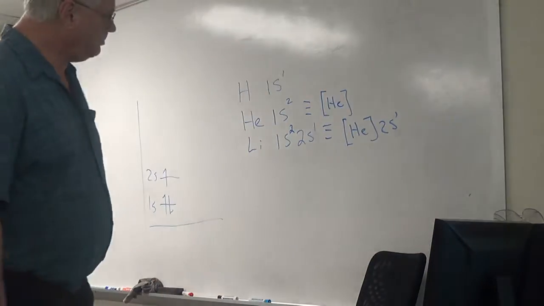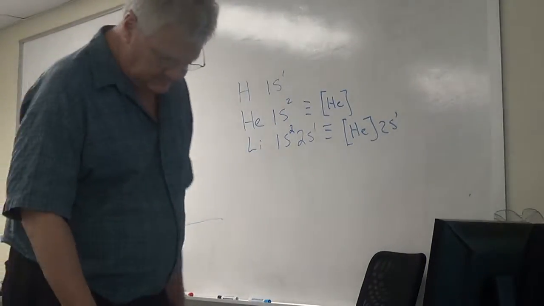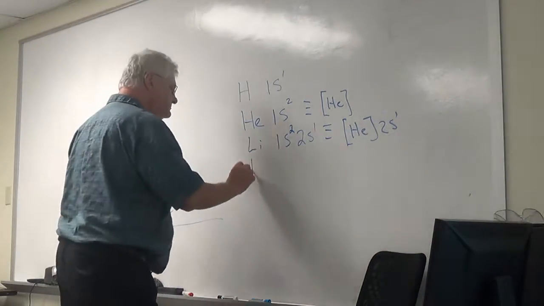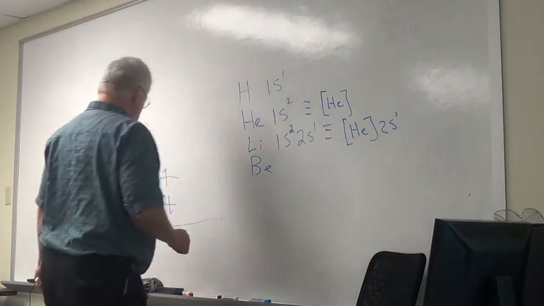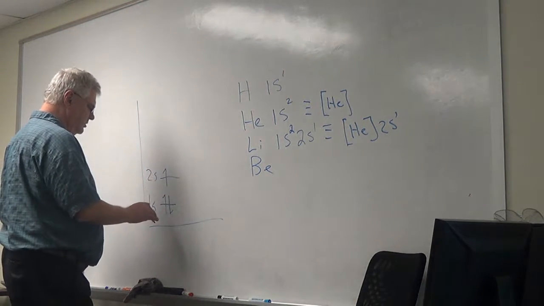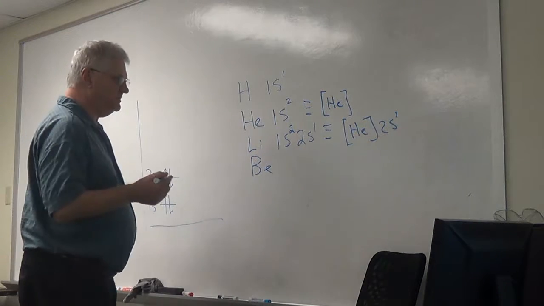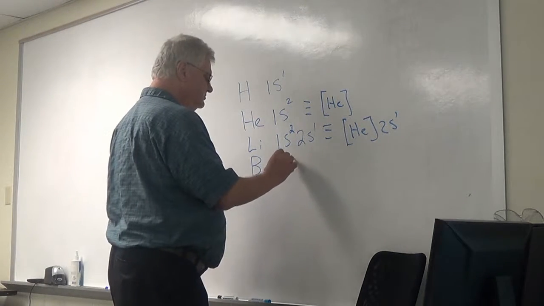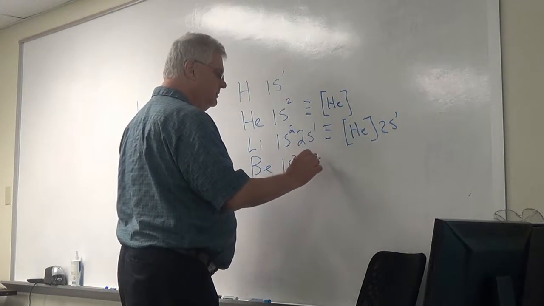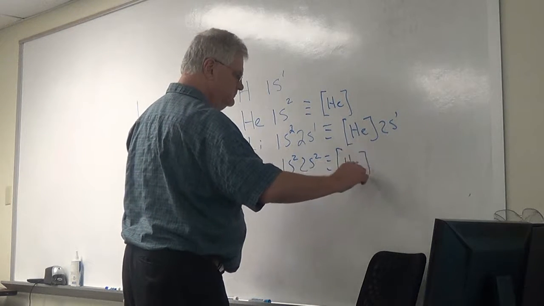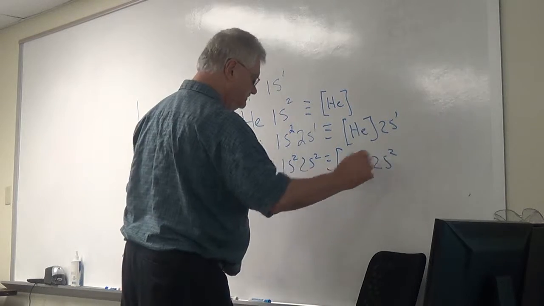Okay? What's the next element? Of course, it is beryllium. It's got 4 electrons. There's 2 in the 1s orbital, they have opposite spin. 2 in the 2s orbital, they have opposite spin. This is 1s2, 2s2, or we could write it helium 2s2. Okay?